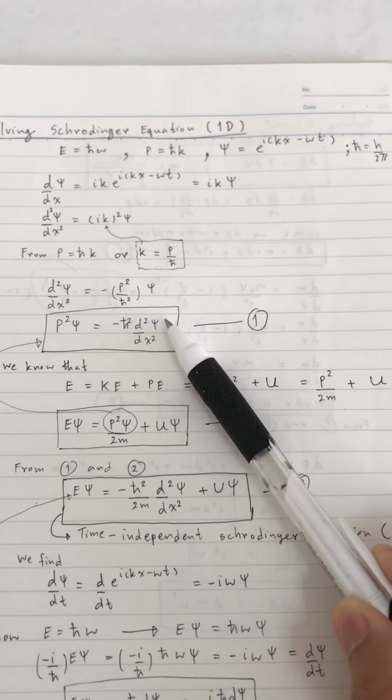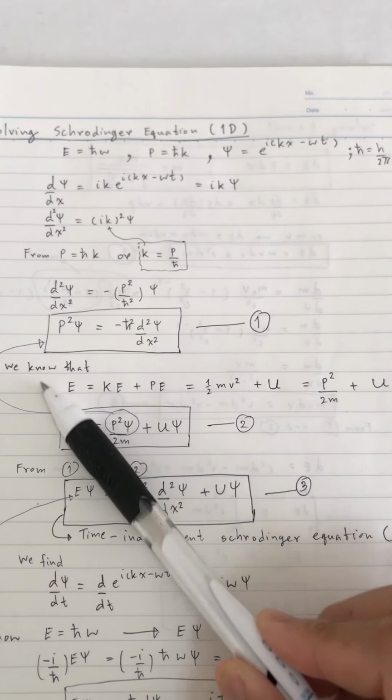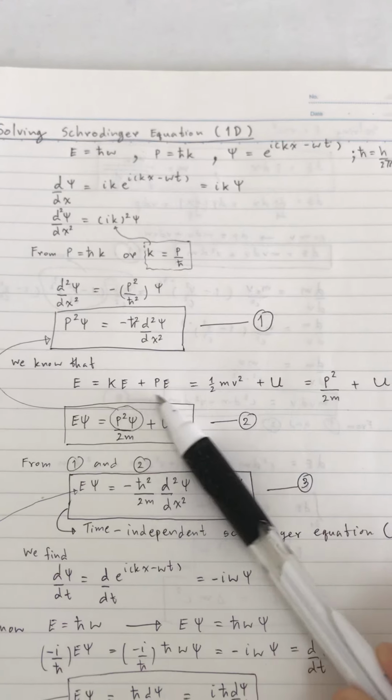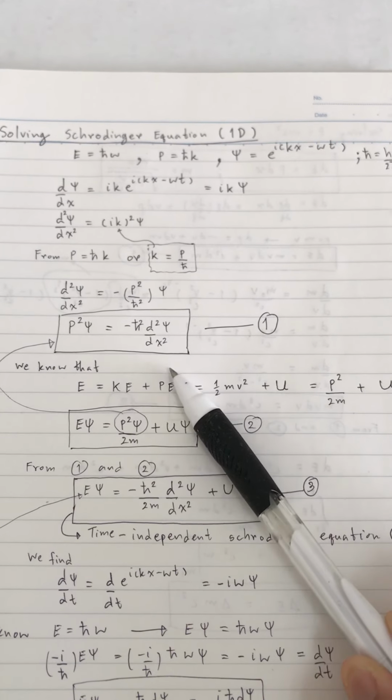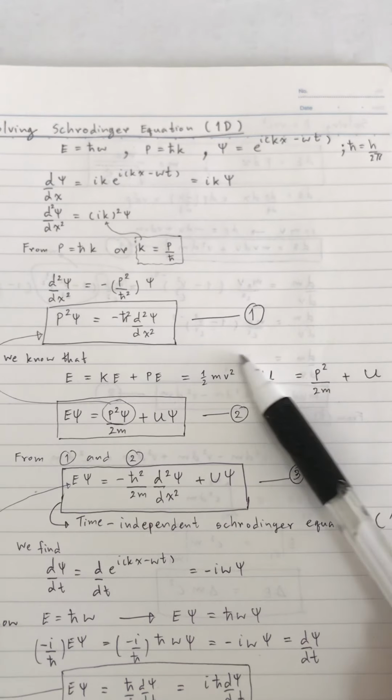So next, as we know, the total energy is equal to kinetic energy plus potential energy, or we can write it in this form here.